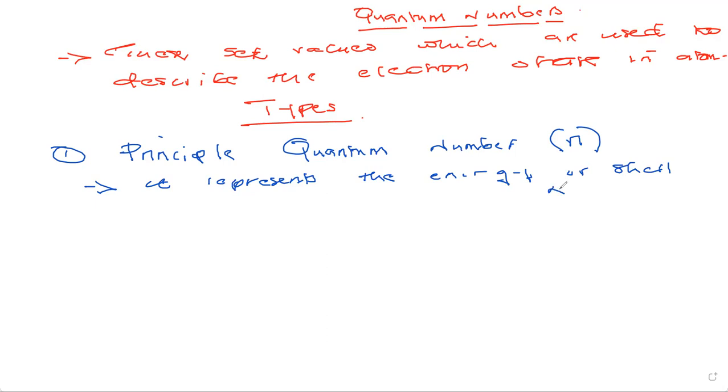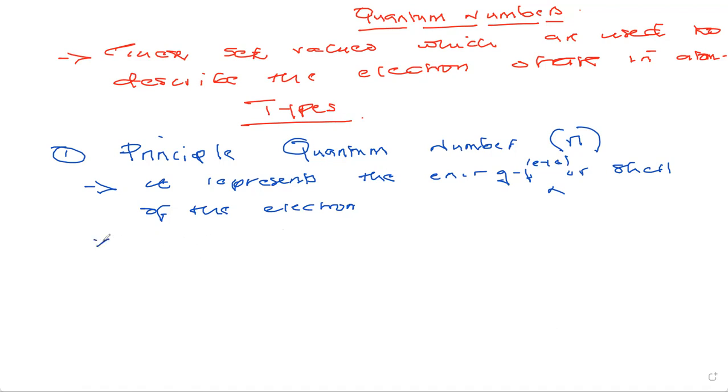So the principal quantum number will just give us the information about the energy level where the electron is. Is it in energy level 1? Is it in energy level 2? Is it in energy level 5? That's what the principal quantum number is.